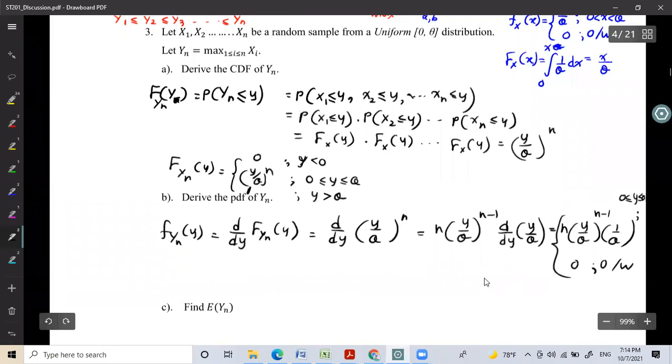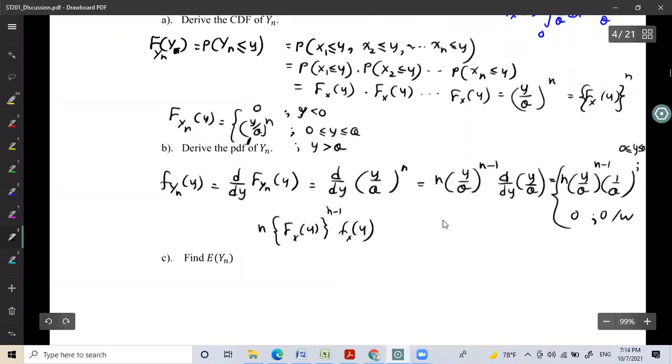This is what we know, the CDF of the maximum. And the PDF of the maximum is what? n times F(y) to the n minus 1 times f(y), right? So this is exactly what you have, but you have to show it. You have to derive it.